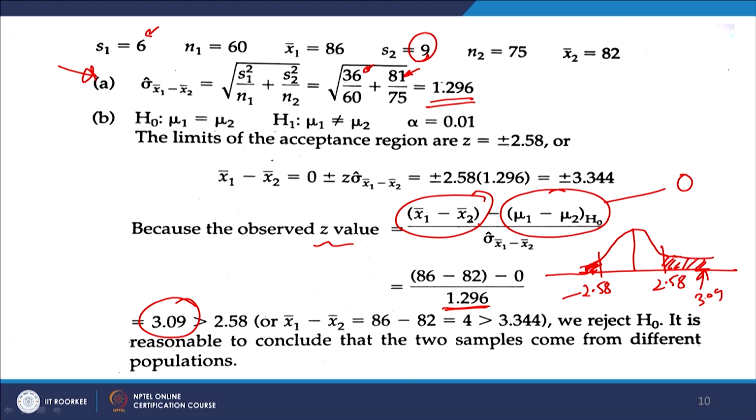Will you reject or will you not reject null hypothesis? You will reject null hypothesis because z value is in rejection region. It is reasonable to conclude that the two samples come from different populations. They do not come from same population, that is our conclusion.